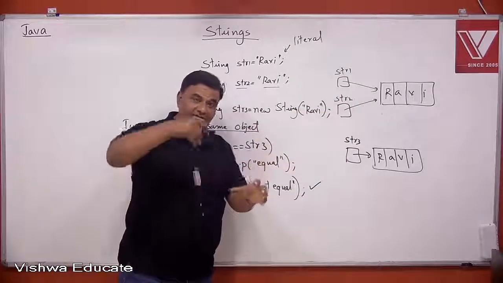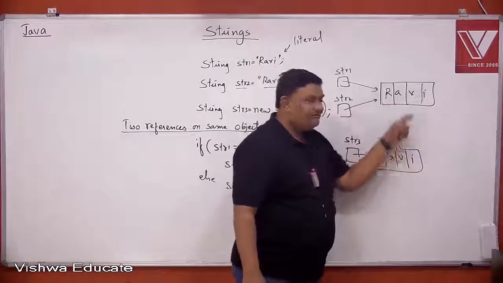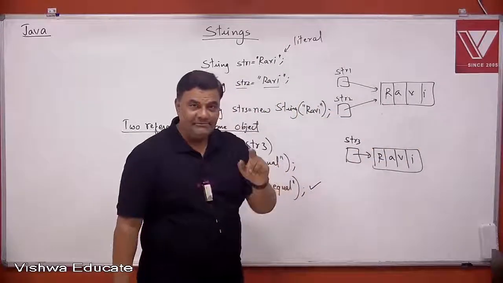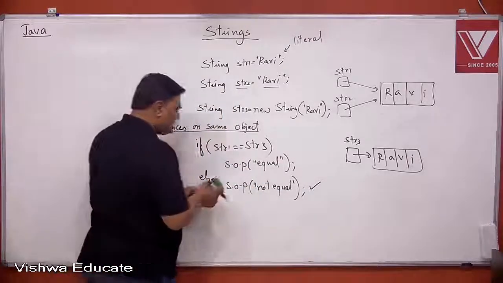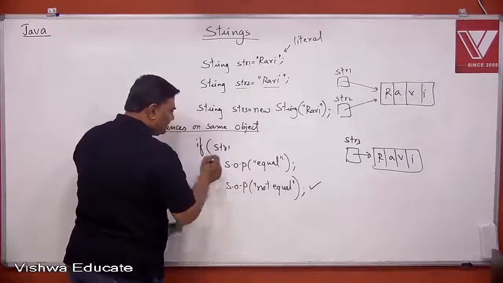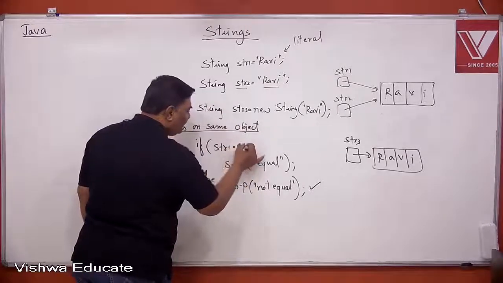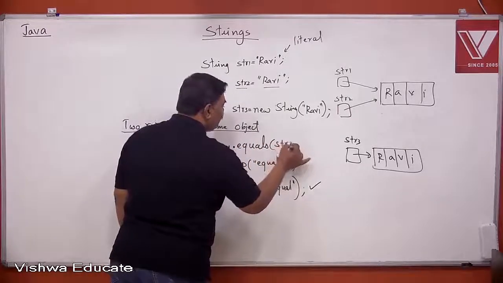Now I want to check the contents of a string, whether the content R, A, V, I, are the same or not. Simultaneously I will show you here only, because I have already started this topic. So for that I should say str1 dot equals str3.